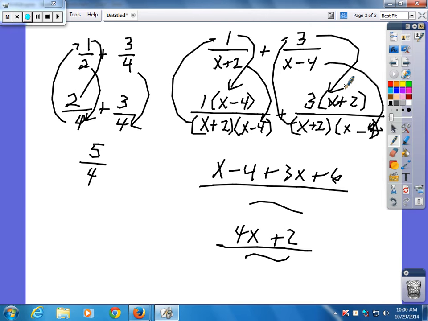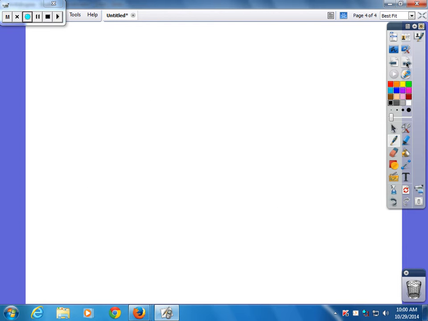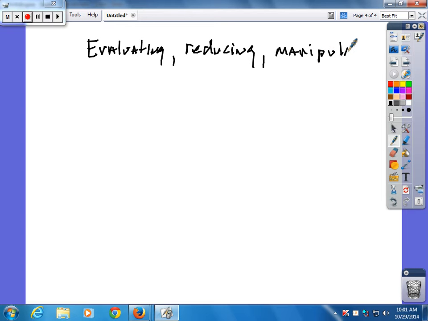We're basically evaluating, reducing, and manipulating rational equations or expressions.